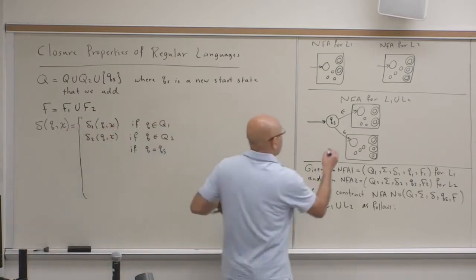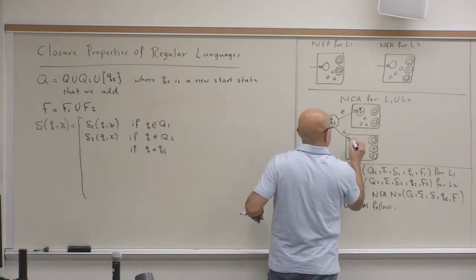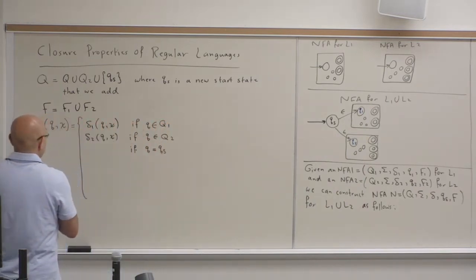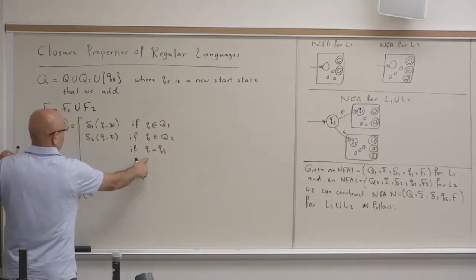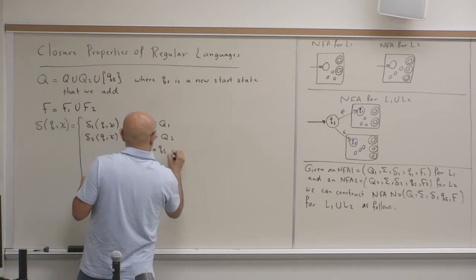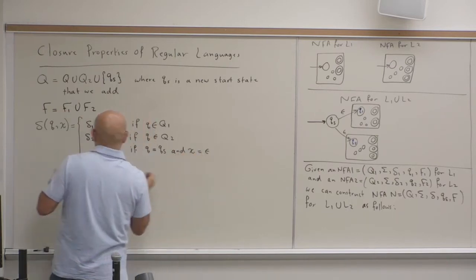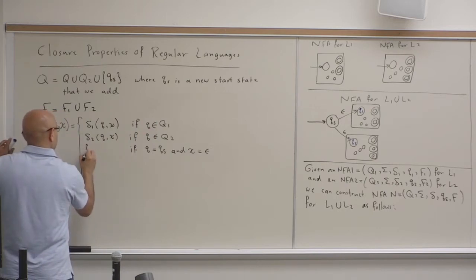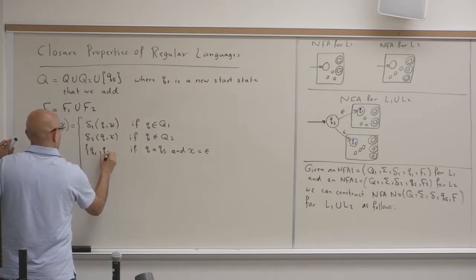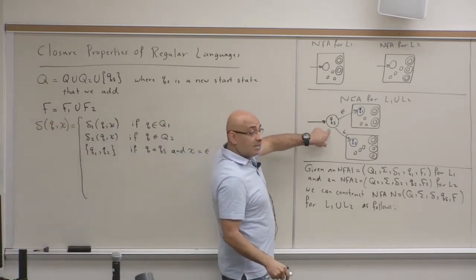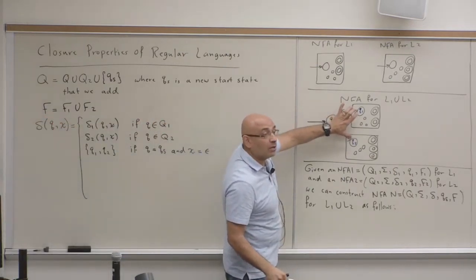So this is Q1, and this is Q2. So if Q equals QS and X equals epsilon, then I have the set Q1, Q2. So QS transition on epsilon, I go to the set Q1, Q2.